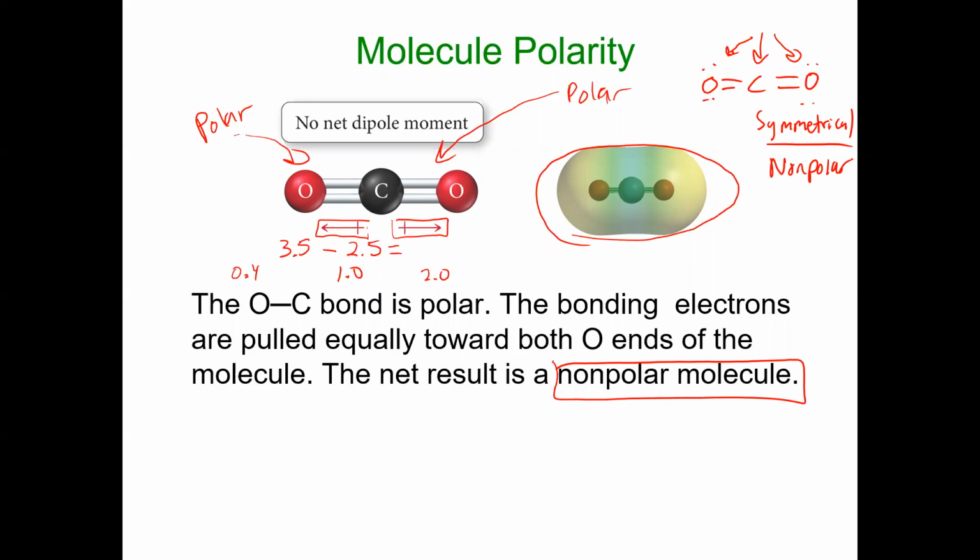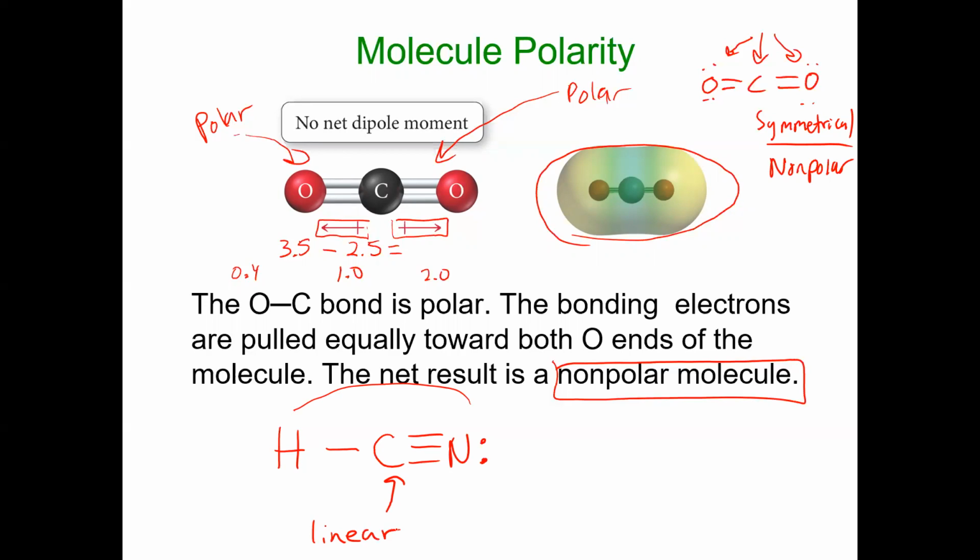Now, does that mean that all linear molecules are nonpolar? No. This is a linear molecule. This is hydrocyanic acid. Carbon is the central atom and it has two atoms attached. So two electron groups, two atoms, linear molecule.